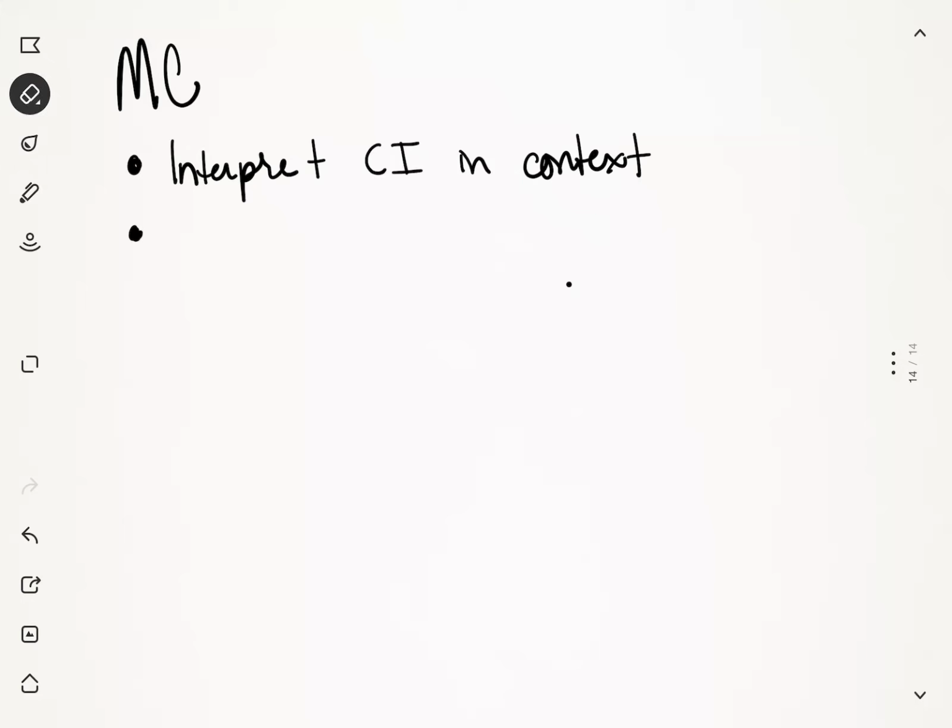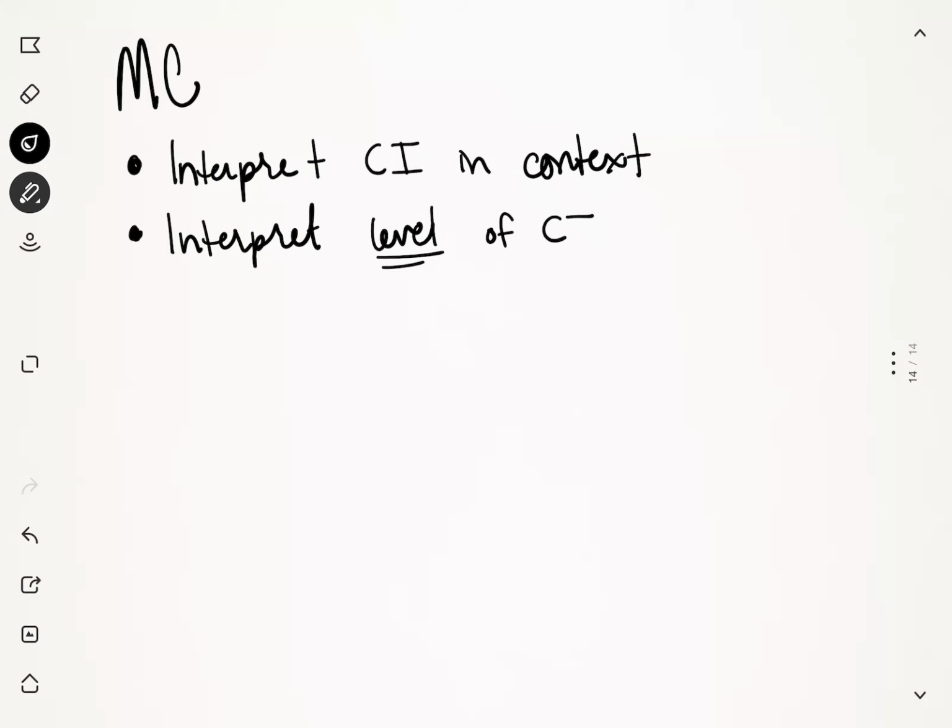And then also, you need to be able to interpret the level of the confidence interval in context. So interpret level, and I'm going to underline that, interpret level of confidence interval in context. Okay, so that is different than interpreting the interval itself.